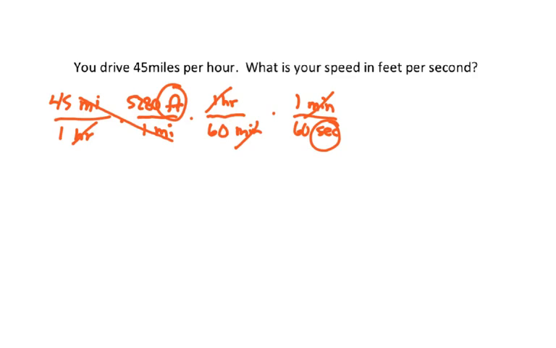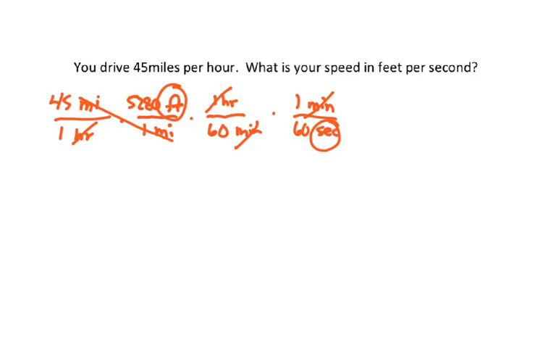The question is what our answer is after we do the math. So in your calculator, you're going to do 45 times 5,280 divided by, and because both 60s are on the bottom, you're going to need parentheses to keep this together, divided by 60 times 60, and then close the parentheses.